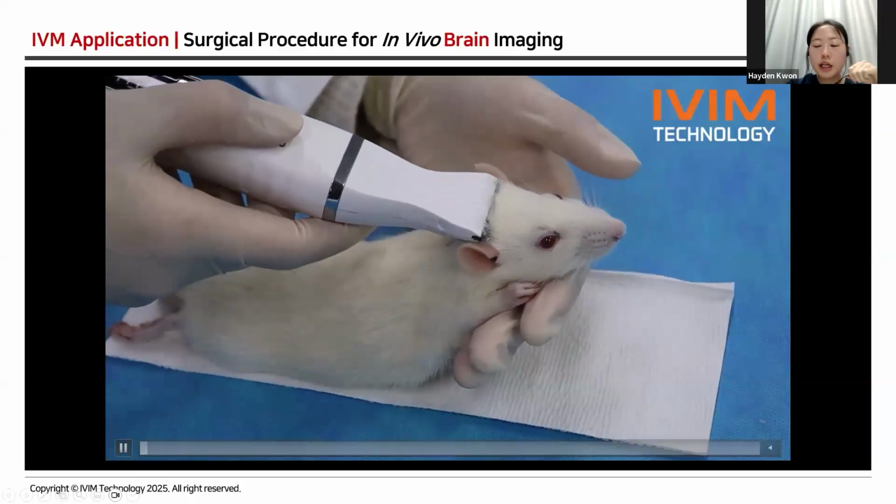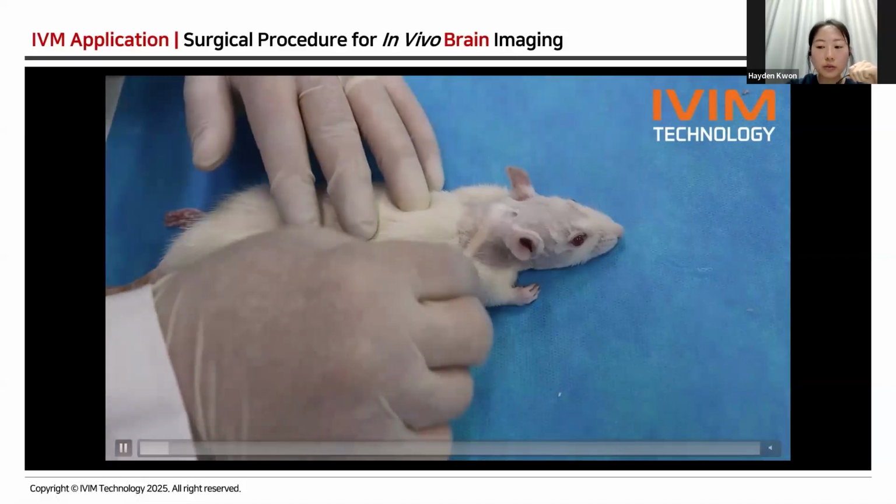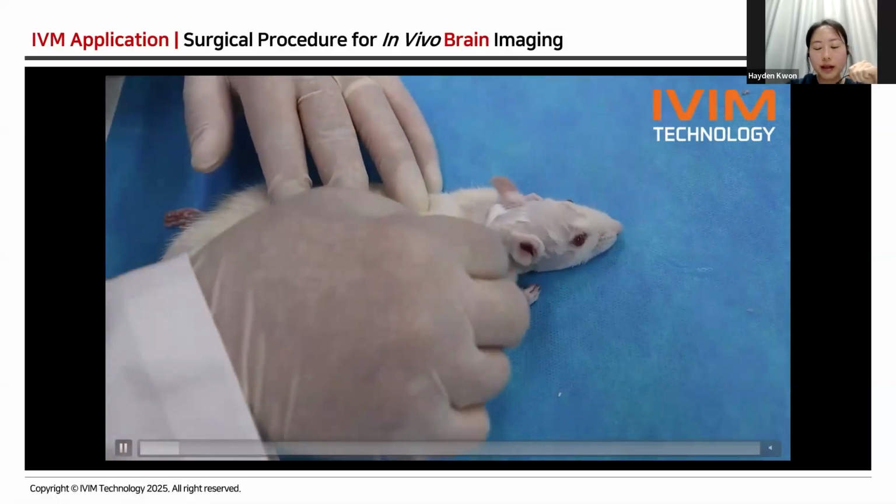To implant the cranial imaging window on the rat, we first remove all the hair on the head using a clipper and cream.